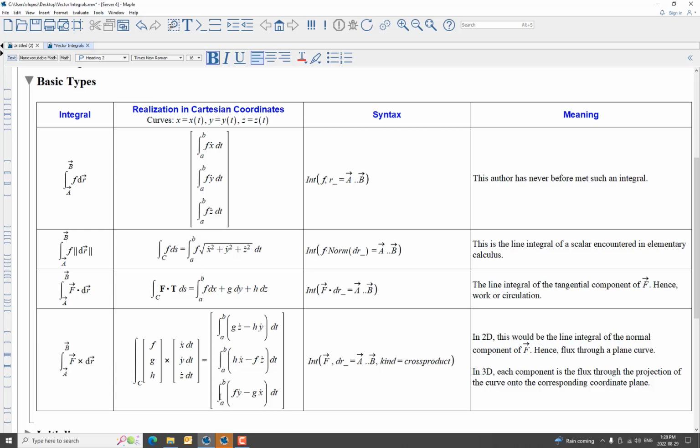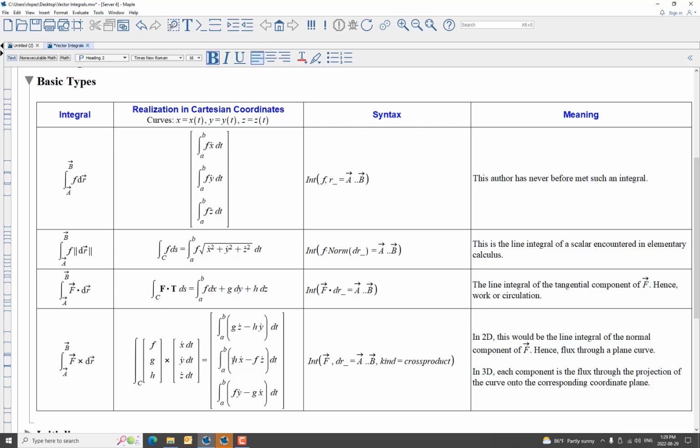Now, if you look down here at the third component, let's assume that h is 0, so you have a plane. That means this will be 0 because h is 0. z will equal 0, z dot will be 0 because you're in a constant plane z.